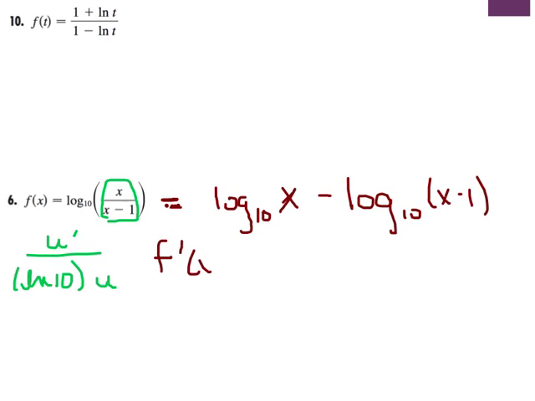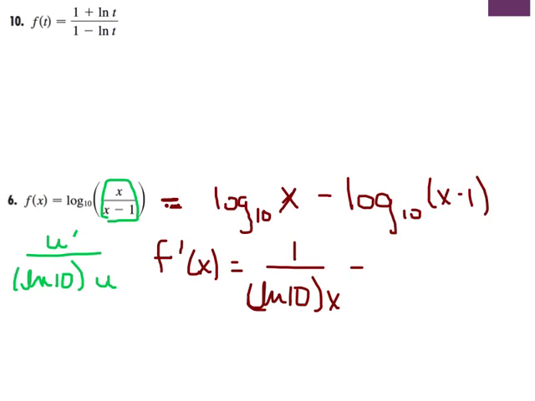So the derivative of log base 10 of x is 1 over x with a natural log of 10 in front, or behind. X ln 10 is fine. And then this is a u, so I'm going to do the u prime over u with the natural log of 10 here.